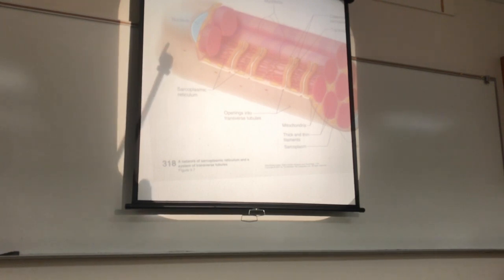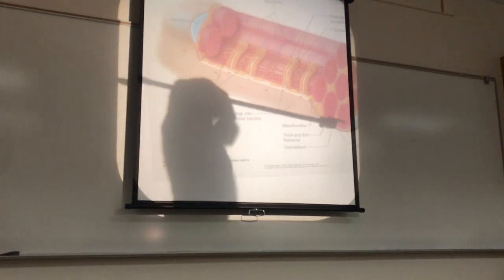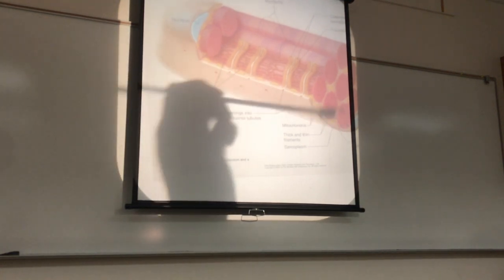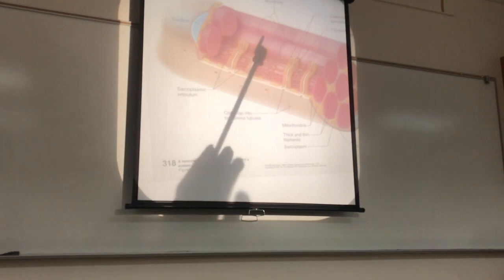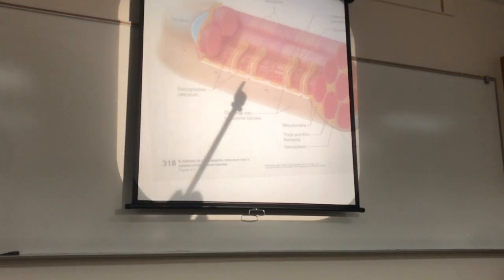Stimulated to contract, an action potential will roll down the cell membrane of a muscle cell. But it's also going to dive down into the T-tubules. And as that action potential goes through the T-tubules, it's passing very close to the sarcoplasmic reticulum. And somehow that irritates the sarcoplasmic reticulum.